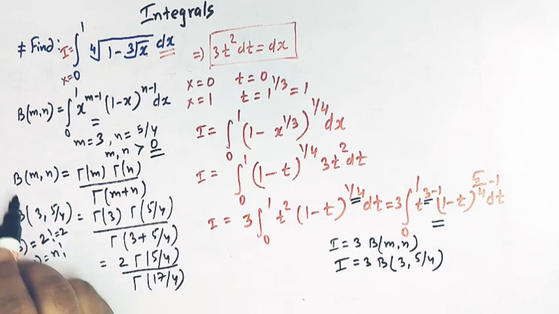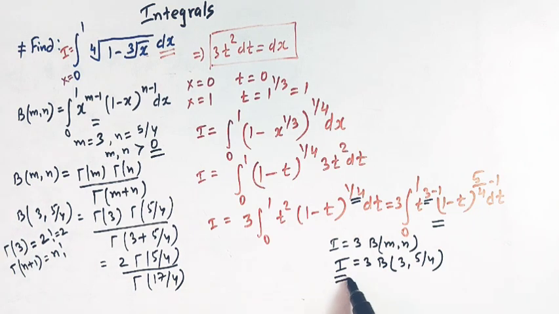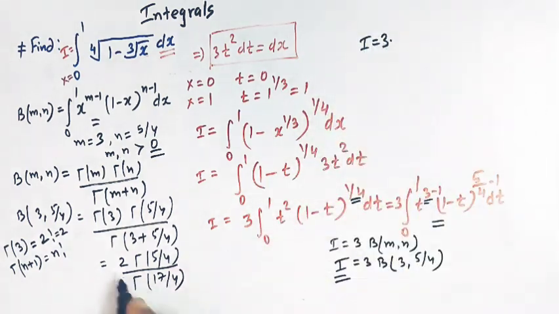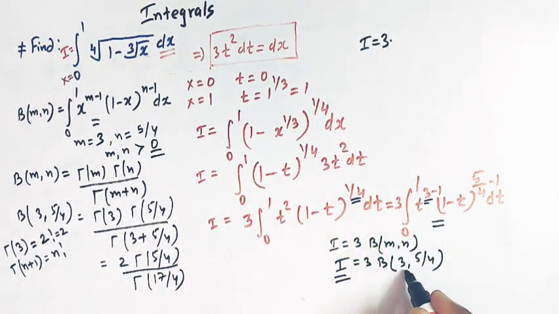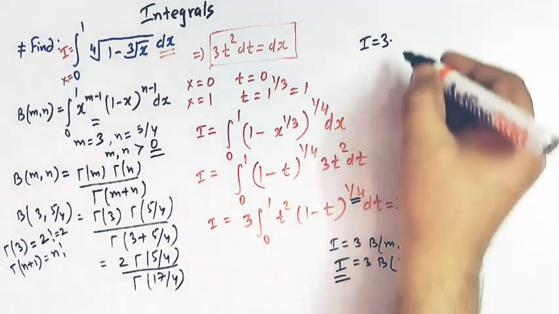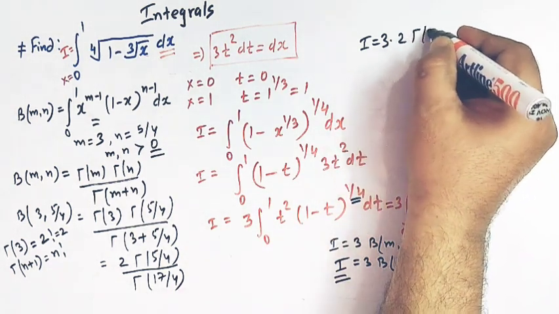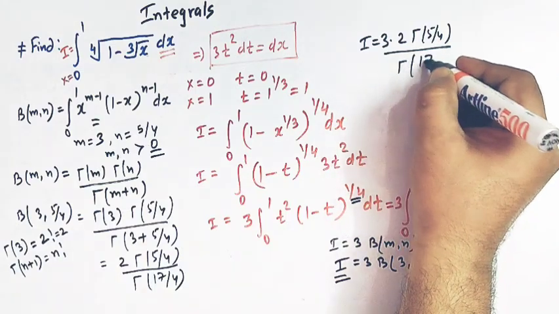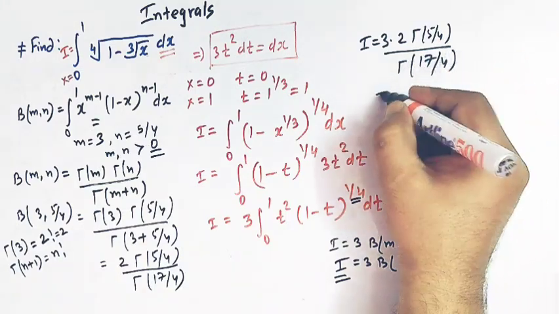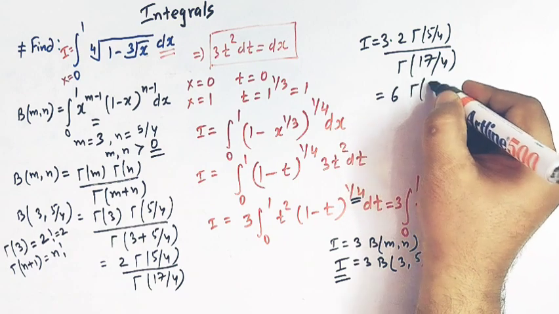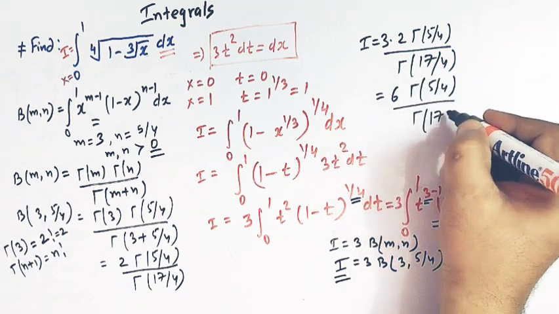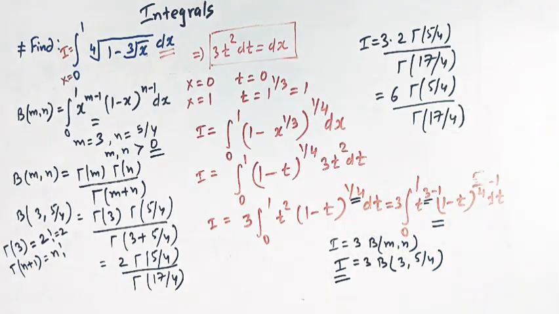So now we can write this integral I as 3 times beta(3, 5/4), which is equal to 2 times gamma(5/4) over gamma(17/4), right? So this is 6 times gamma(5/4) over gamma(17/4), right?